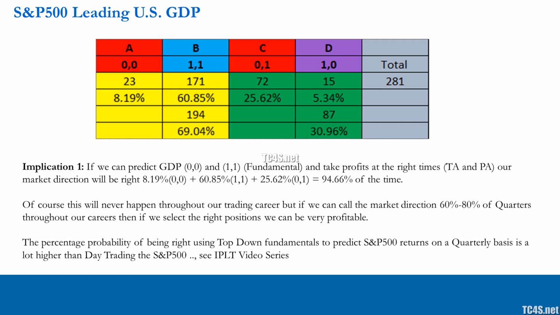The percentage probability here of being right using top-down macroeconomic fundamentals to predict GDP and therefore predict S&P 500 returns on a quarterly basis is a lot higher than day trading the S&P 500. And this is exactly why professional traders take this approach.